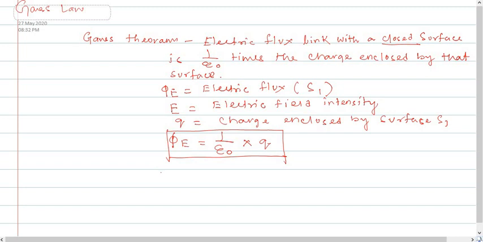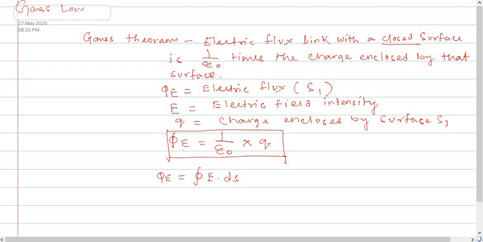Now from electric flux we know that phi is equal to closed integral E into ds, where E is the electric field intensity and ds is the area vector or surface area.